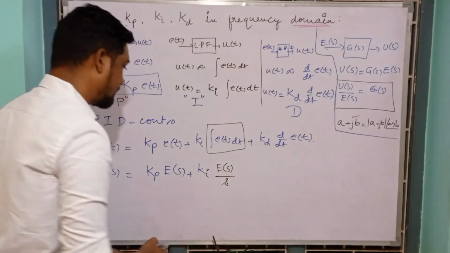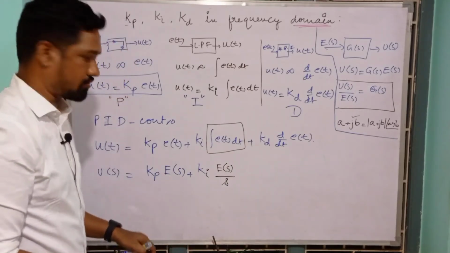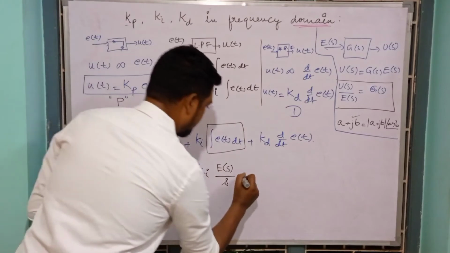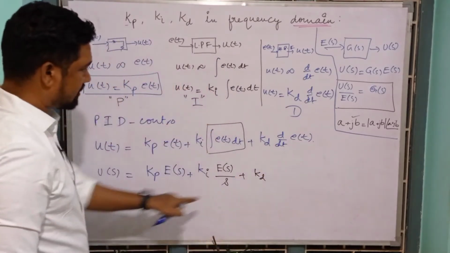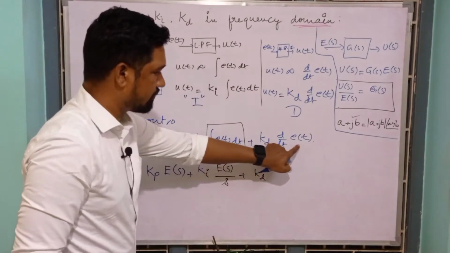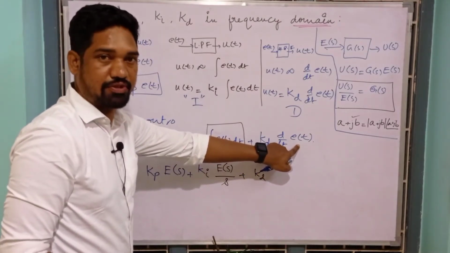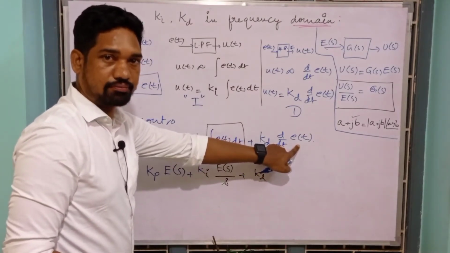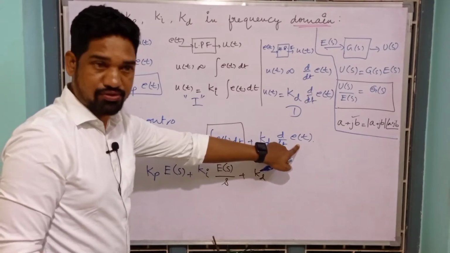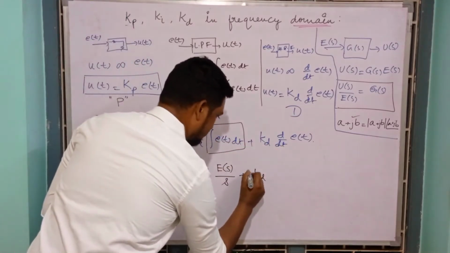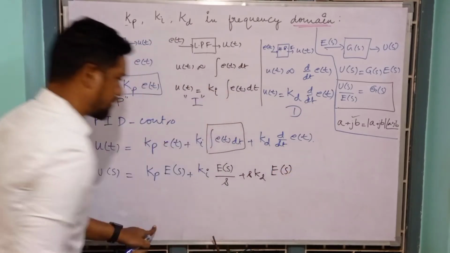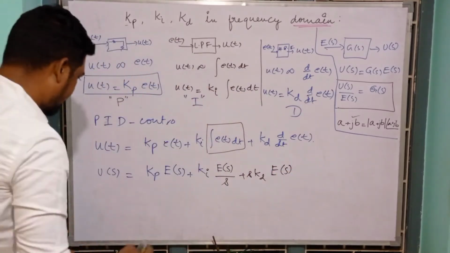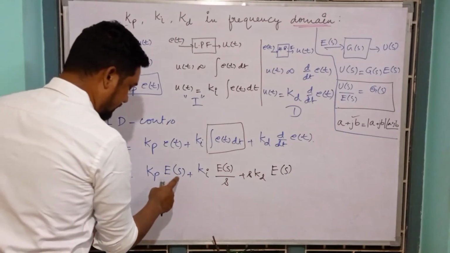So in that case, neglecting the initial condition, u of s equals ... plus kd as it is. The Laplace transform of the first derivative of a function, the Laplace transform of d by dt of x of t, will be s into x of s. So we have s into e of s, making use of the properties of Laplace transforms. And guys, we have e of s common in all three terms.